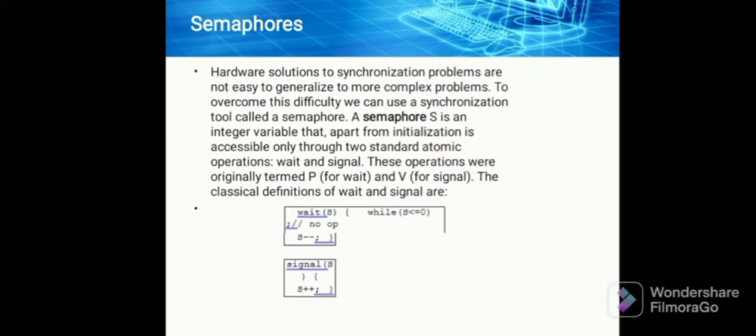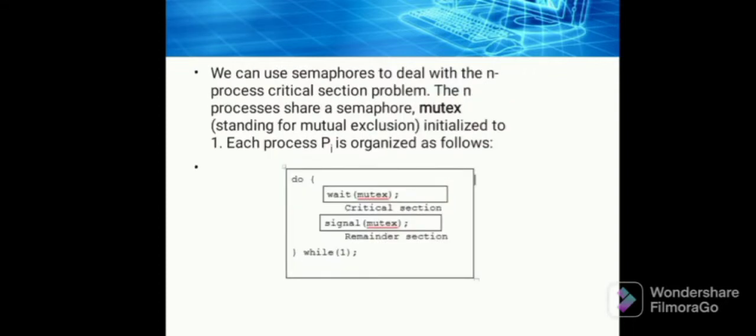The classical definitions of wait and signal are: wait(S): while S is less than or equal to 0, do no operation; then S minus minus. And the second one is signal(S): S plus plus. We can use semaphores to deal with the n-process critical section problem.